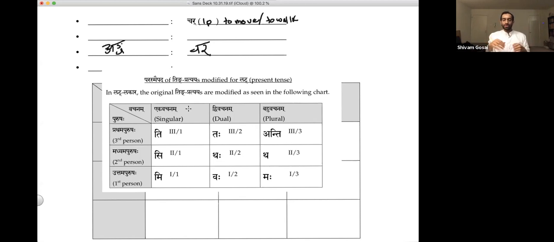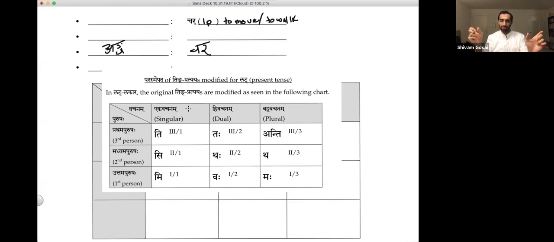So while you're still writing, let's just remember our GPS system, right? So where are we? We're talking about vakyams. Vakyam, sentence, is made up of padani. Padani is words. Padani, there's two types. There's tingantam and subantam. So tingantam is verb and subantam is noun.